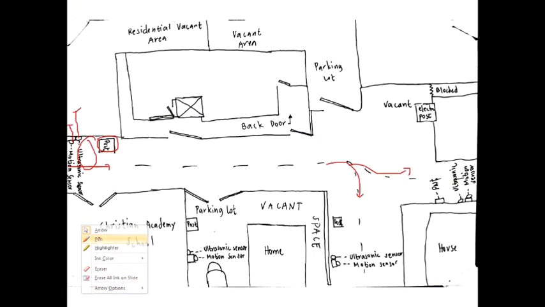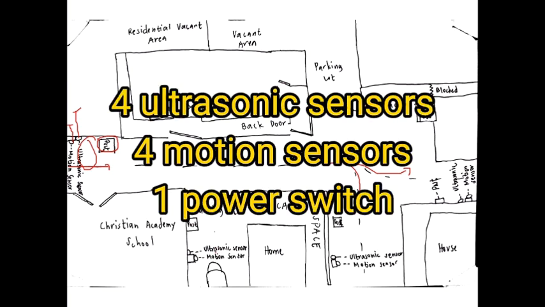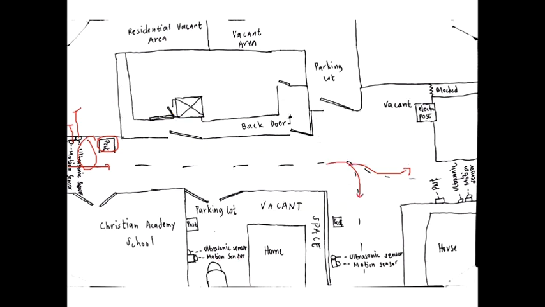So my input here for my solution is the 8 ultrasonic sensors and 8 motion sensors. The outputs are these posts, and each post consists of 3 lights, red, orange, and yellow.